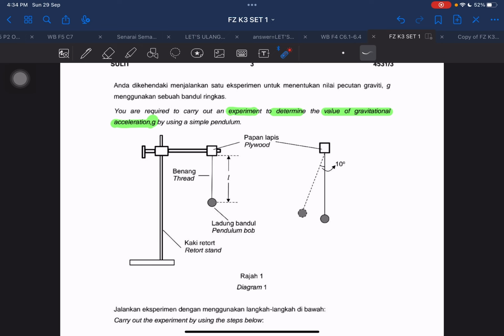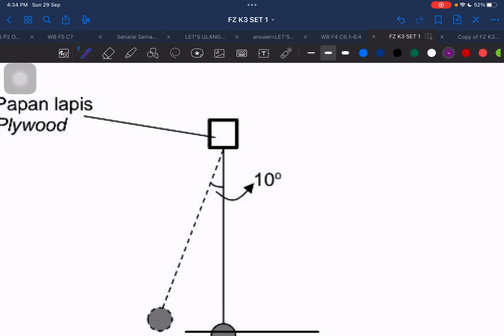It means that now you have 2 plywood, so your string should be inserted in between the 2 plywood. What I mean is like this. Let's say this is 1 plywood, another plywood. The string should be in the middle here.